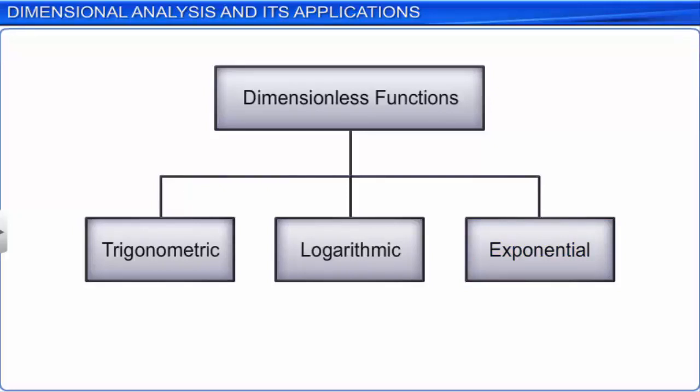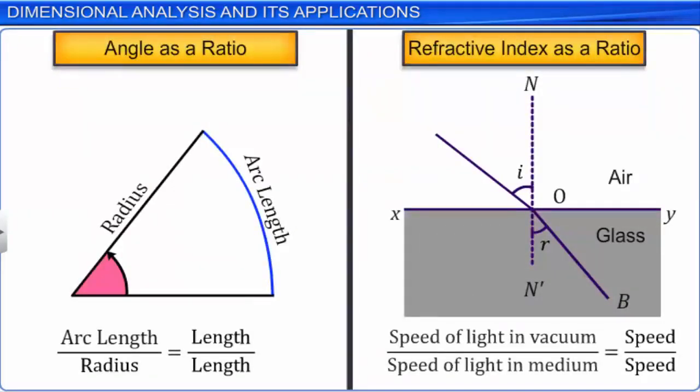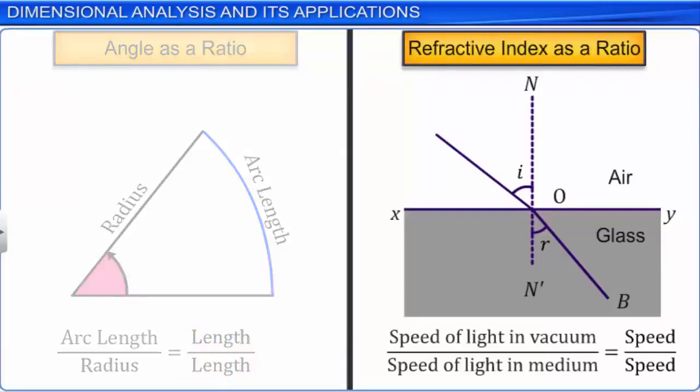For example, angle is the ratio of arc length to radius, which is length divided by length. Absolute refractive index of a medium is the ratio of the speed of light in a vacuum to that in a given medium, which is the ratio of speed to speed.